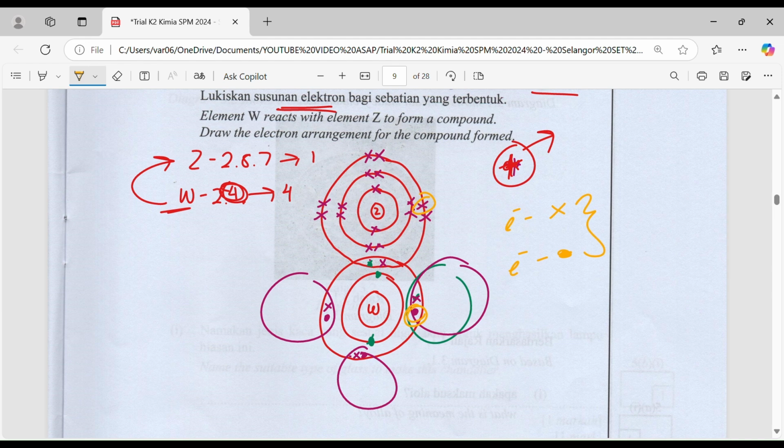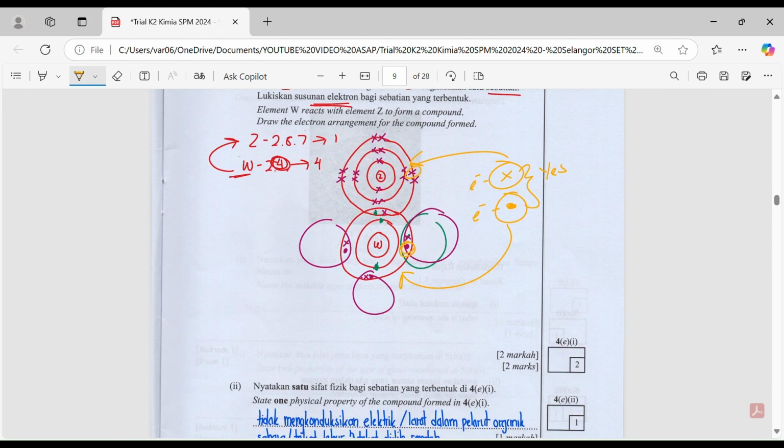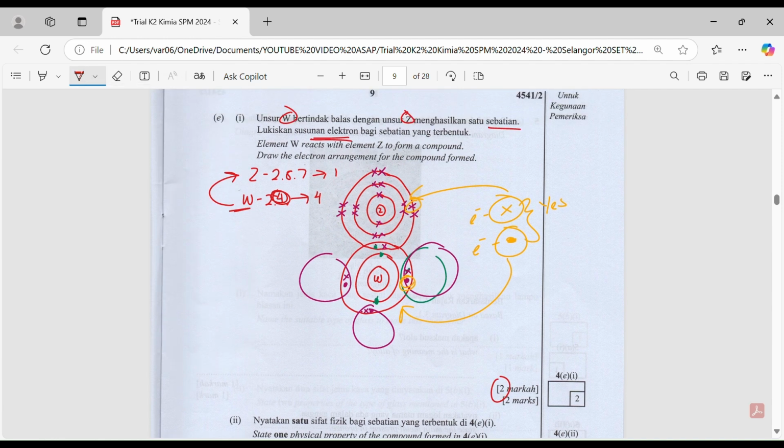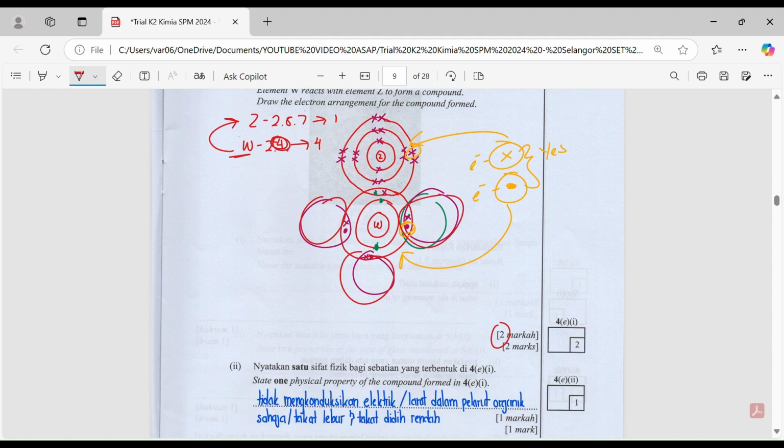So, is it a must for you to give two different symbols for two different atoms? Yes. Alright? Yes. That's how you know, okay, this X belongs to atom Z, this circle belongs to atom W. So make sure you give two different symbols if let's say there are two different atoms, right? Okay, easy to mark there. Okay, I believe that you all can continue the rest.